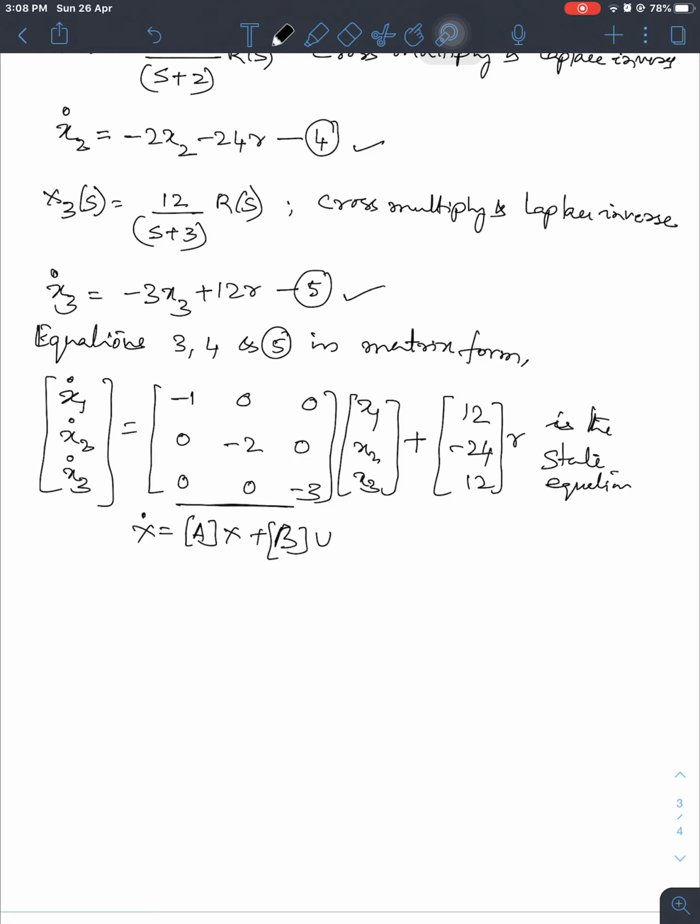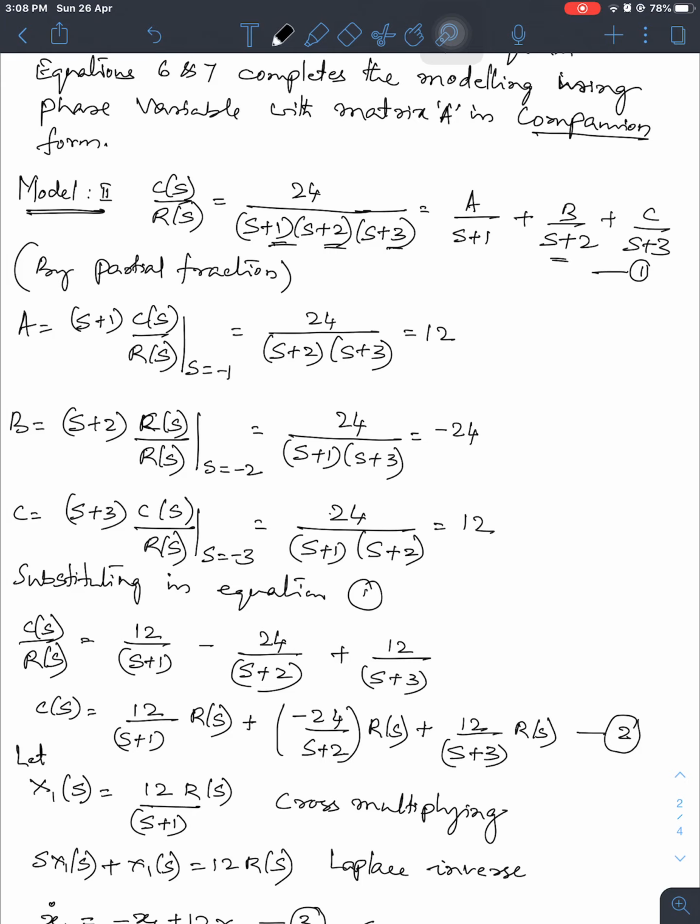Right? We will write the output equation also before we conclude. So we will look at equation 2.